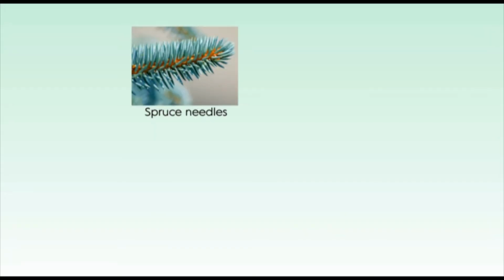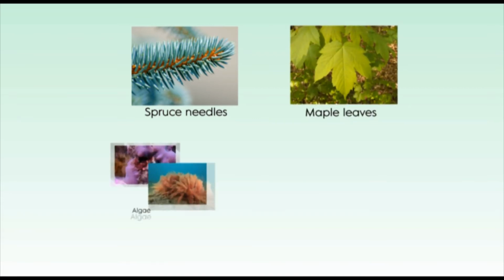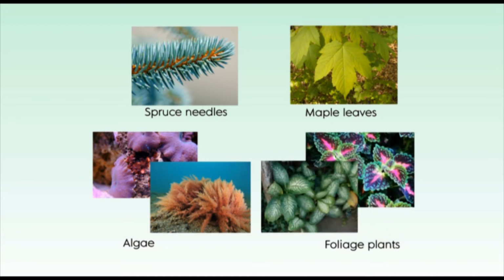The relative amounts of chlorophylls and accessory pigments are characteristic of a particular plant species. Variation in the proportions of these pigments is responsible for the range of colors of photosynthetic organisms, from the deep blue-green of spruce needles to the greener green of maple leaves to the red, brown or purple color of some species of multicellular algae and the leaves of some foliage plants favored by our gardeners.